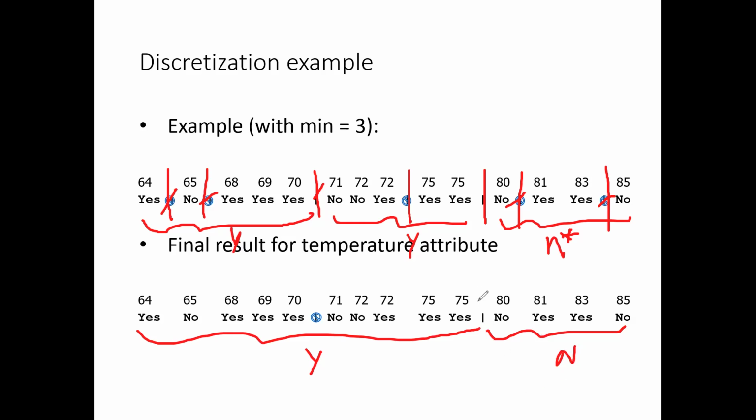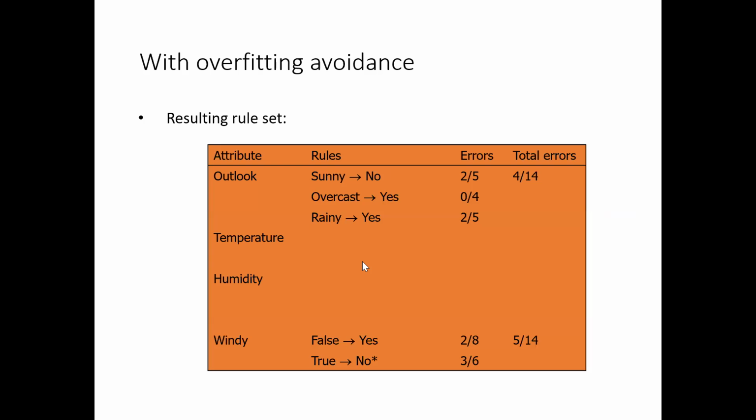So what you do is you get the middle value of this. The middle value of 75 and 80 will be 77.5. This is where we can create a rule. Now we did it, we can move on.